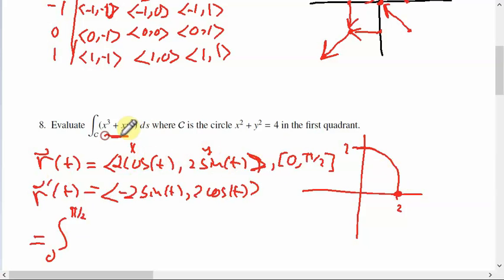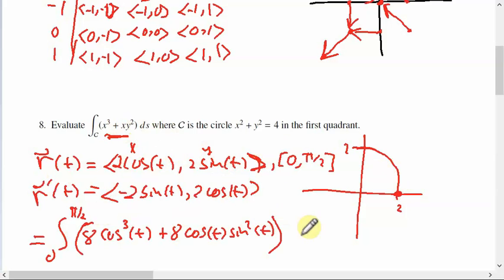And I need to incorporate my function, which is going to give me 2 cubed, which is 8, times cosine cubed. And then I'm going to get 2 cosine times 4 sine squared. So that's going to be 8 cosine sine squared.